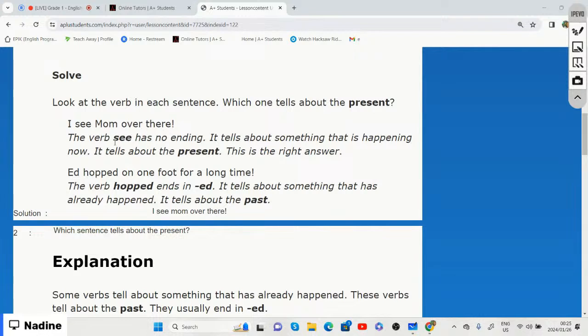The verb see has no ending, and it tells about something that is happening now. Meaning I see mom now, over there. And that is our present tense.